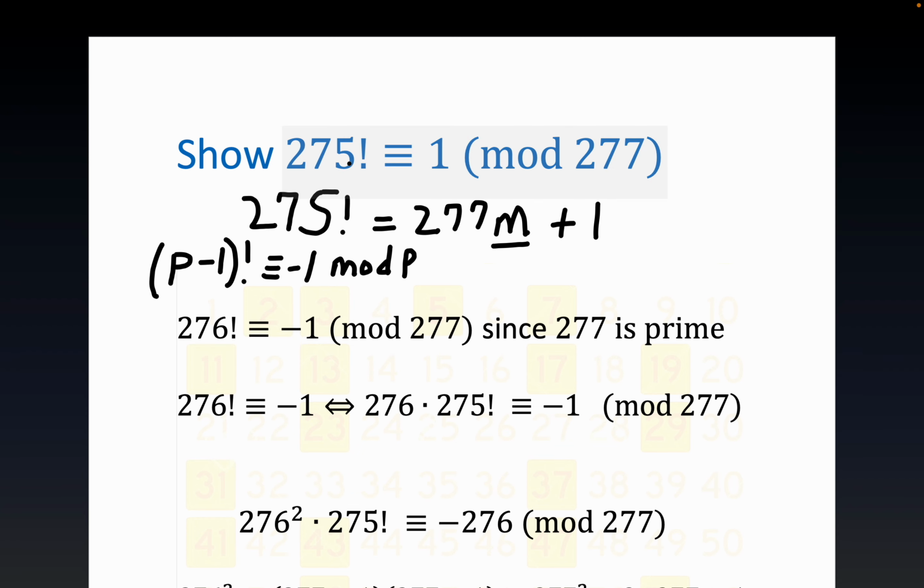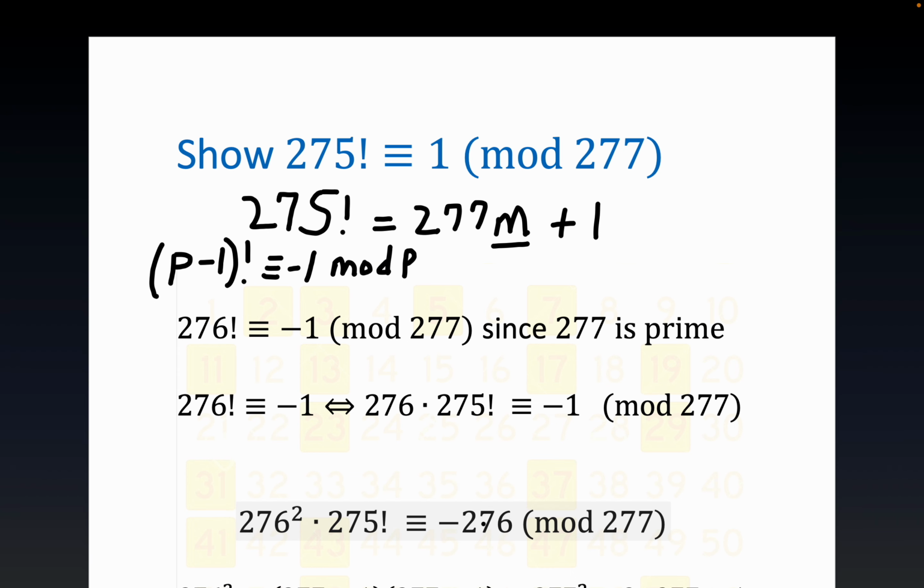Now, notice that this particular truth right here is going to come in quite handy. 276 squared times 275 factorial is congruent to minus 276. How did I get that? I multiplied through by 276. Now you may go, well, what motivates that?